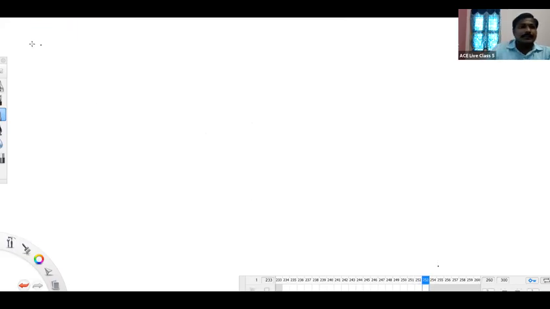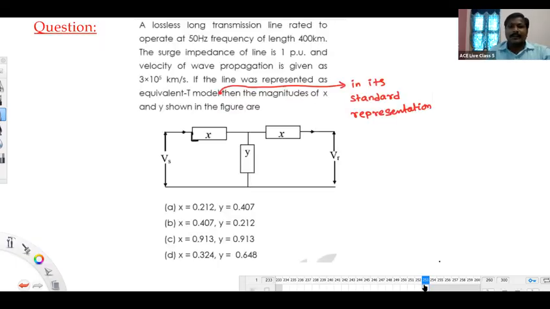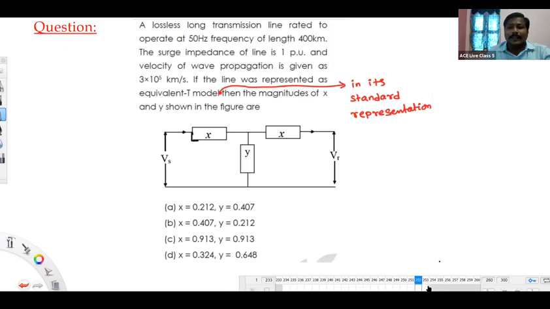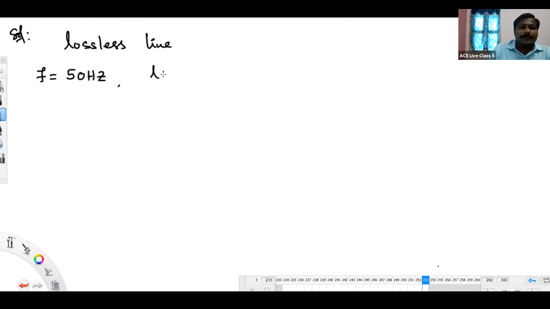According to the statement, first, the line is lossless, which makes the problem very, very simple. Frequency is 50 hertz. Length of transmission line is 400 kilometers.